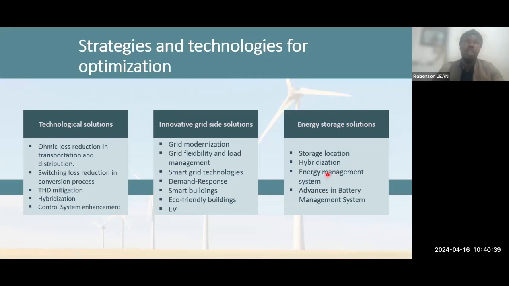It can be in order to bring high power density services. It can be in order to bring high energy services. And also the advances in energy management system and battery management system help us to increase the lifetime of batteries and also to use the batteries in a better condition in order to reduce the stress on the energy storage system.